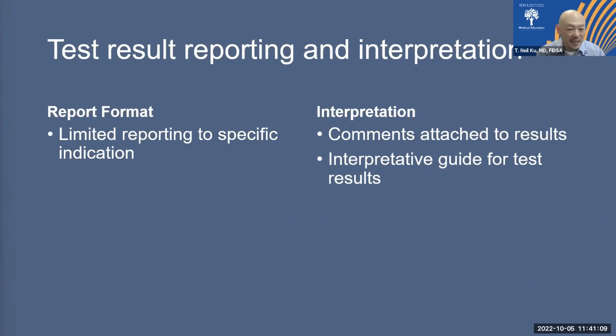So if a urinalysis is being ordered for, let's say, someone with kidney disease, then only the components specific for kidney disease would be reported. And that may help minimize it, so the microscopic examination, like white blood cells or bacteria, would be excluded from that.